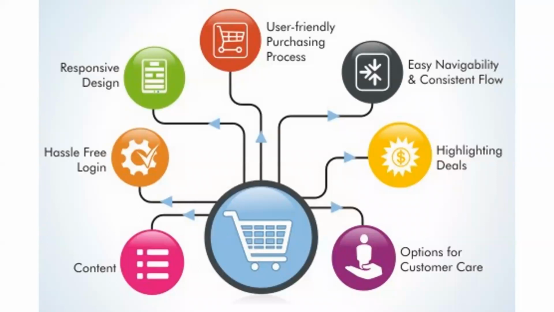Then the next option says option for customer care. Customers are identified and should be catered to according to their requirements. These facilities should be with your e-commerce website. That says option for customer care. Then content should be easy to access on the website.